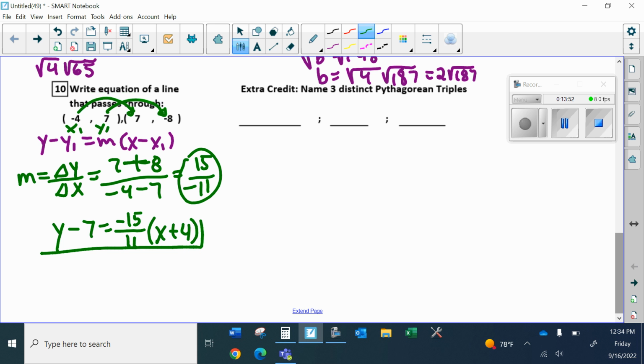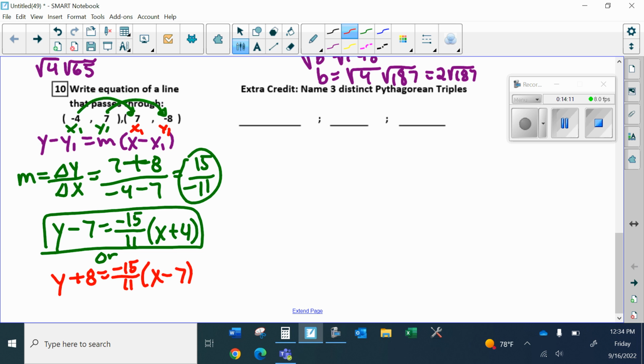There's my answer. Or if you want to use the other point as X sub 1, Y sub 1 instead, then you have Y minus a negative 8, which makes it plus 8. The slope doesn't change, the same slope. X minus the X value, 7. There would be the other answer if you want to use that as your point. Either one of those two.